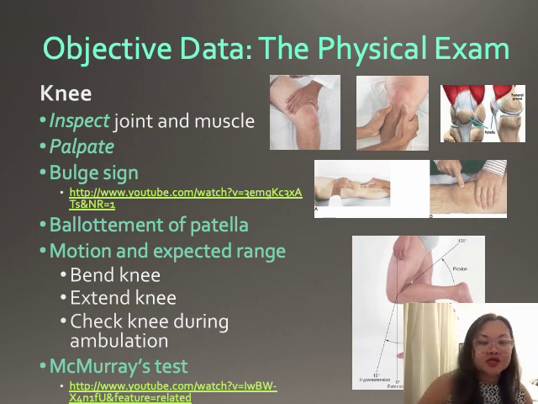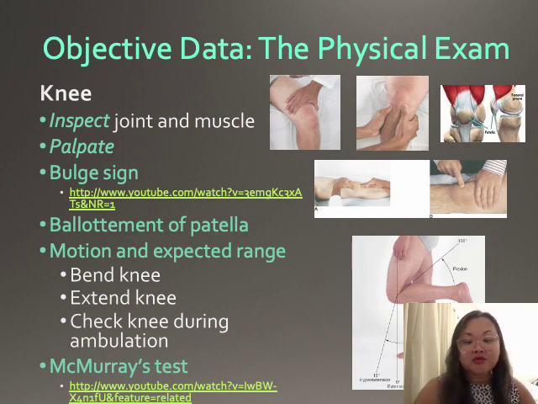And so there's some things that you want to do, not just the range of motion, but you can check for the bulge sign, and you can check for ballottement of the patella and see if there's any fluid in that knee area. For the bulge sign itself, there are YouTube videos here for McMurray's and bulge sign, and you can see if there's fluid in this area, and sometimes this is the source of pain.